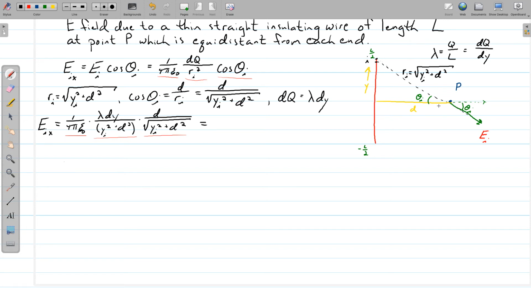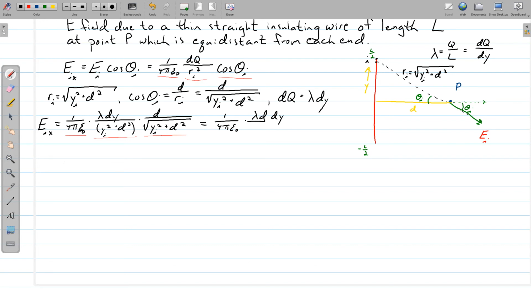So I will write this as 1 over 4 pi epsilon naught, Coulomb's constant, times lambda times d, and then that's times the differential of y, that tiny little change in y.